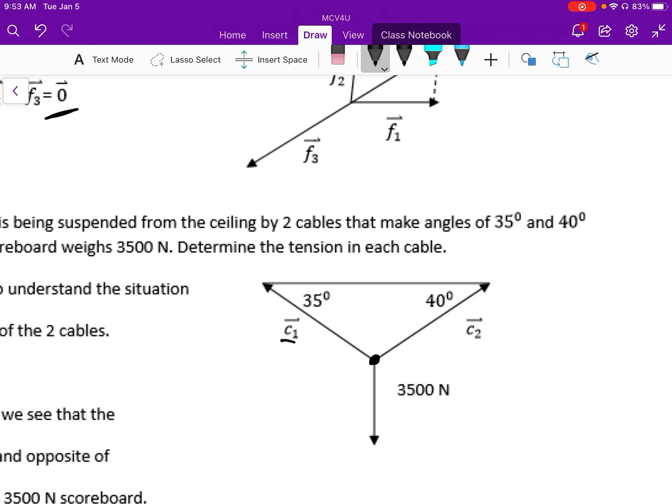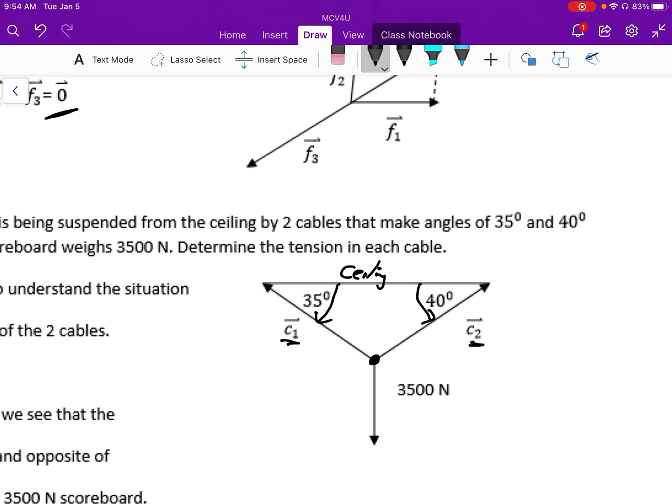We've got the two cables. One of them is at an angle with the ceiling. Here's the ceiling, at 35 degrees, and the other one is at an angle of 40 degrees. How do we find the magnitude of the cables' tension? Let's take a look and see how we can set this up.